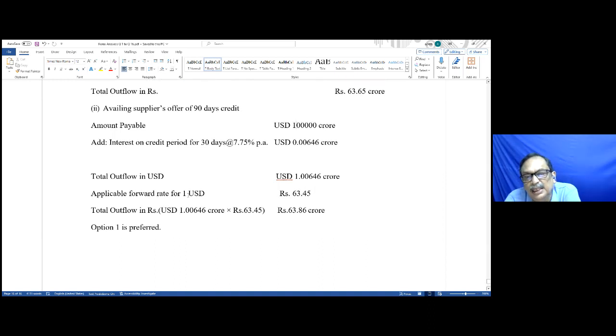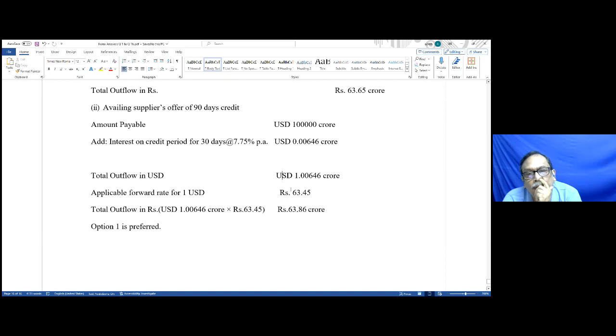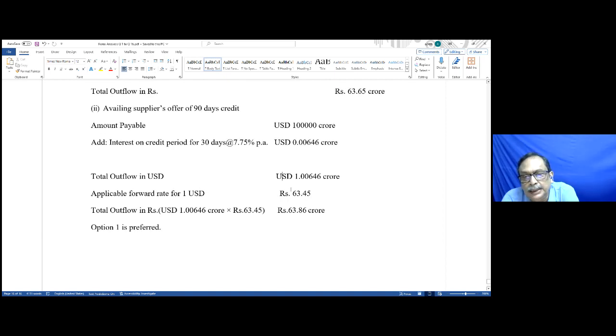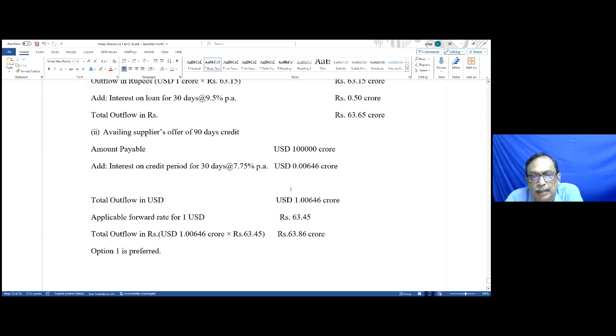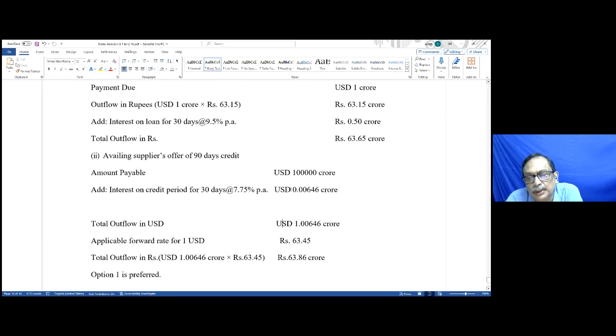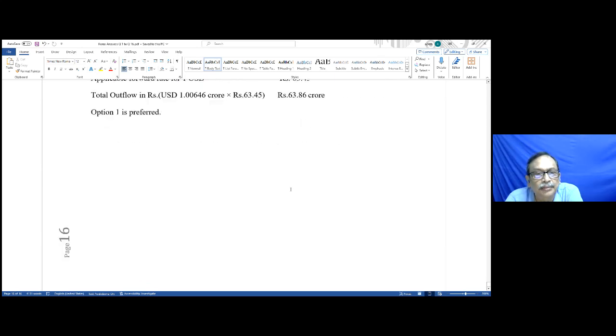Total outflow in USD is 1.00646 crores. The applicable forward rate for $1 as given is 63.45. So total outflow is 1.00646 crores into 63.45, which comes to 63.86 crores. So option 1 is preferred.